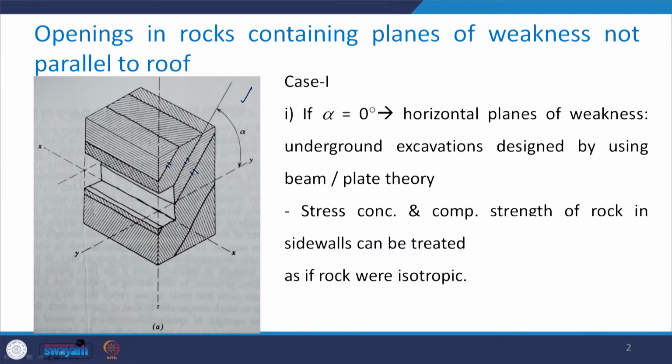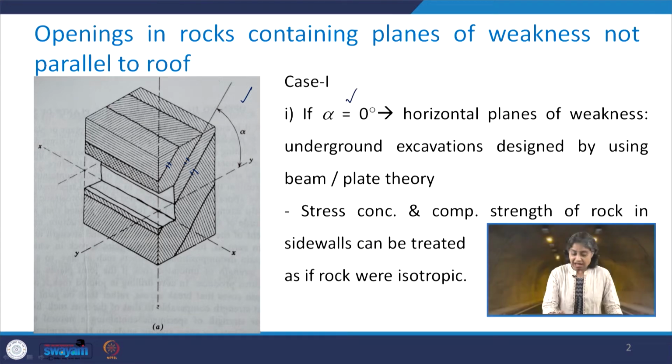If the beds are not parallel to the roof, or they are inclined as shown in this figure, and in case 1 the laminations are inclined as shown, and if this alpha is equal to 0 degree, this means that we are going to have the horizontal plane of weakness, and therefore the horizontal excavations are going to be designed either by beam or plate theory based upon the aspect ratio of the opening.